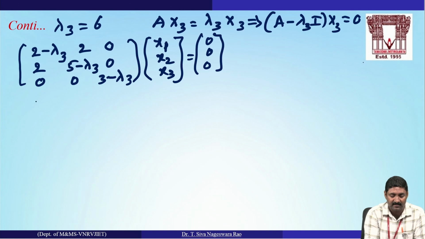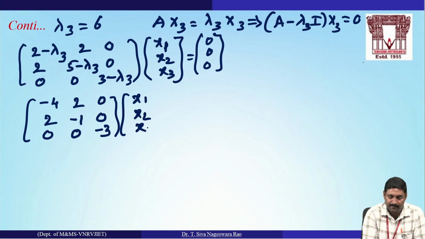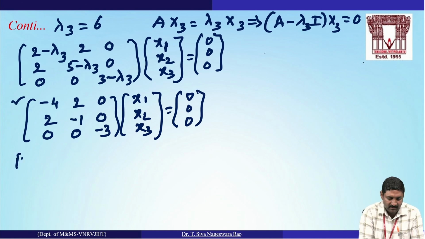Substitute lambda 3 here, and you get minus 4, 2, 0, 2, minus 1, 0, 0, 0, minus 3, times x1, x2, x3.